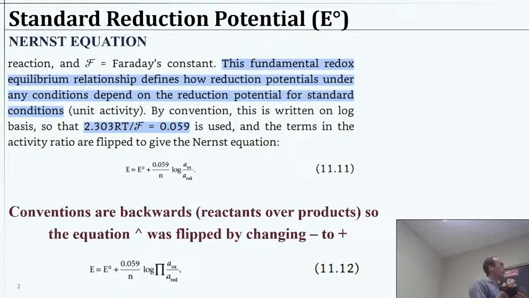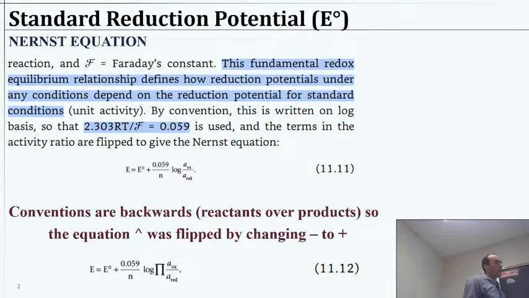If we take 2.303 times R, the gas constant, times temperature at standard temperature, and divide that by the Faraday constant, that all comes to one constant, 0.059. So we can lump all that together and simplify quite a bit and say E is equal to E naught plus that constant divided by n times log of the activity.